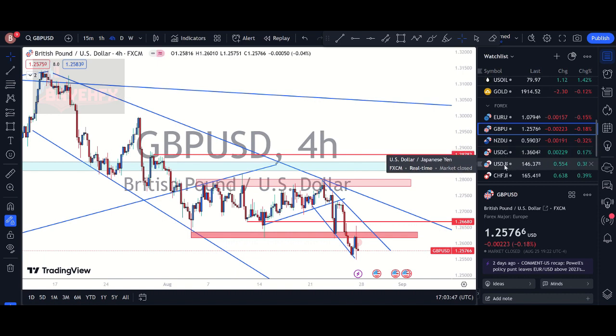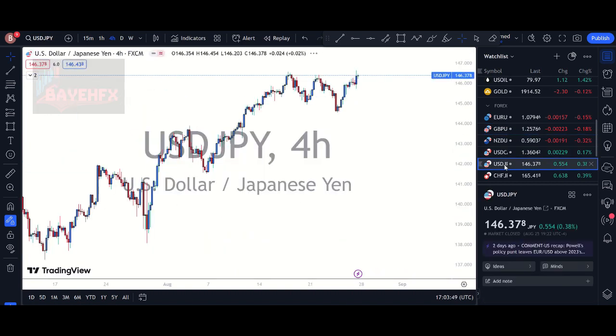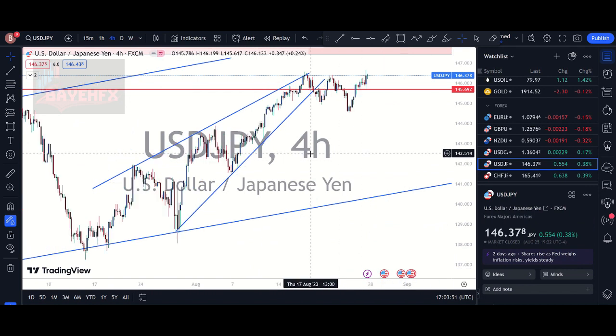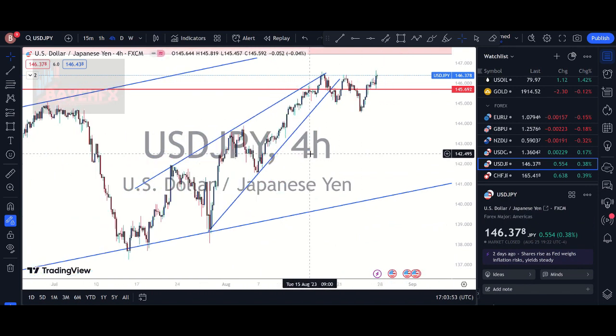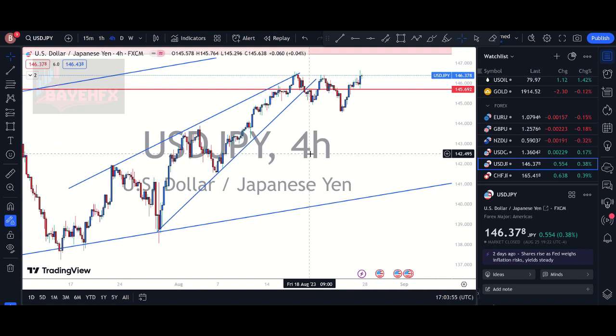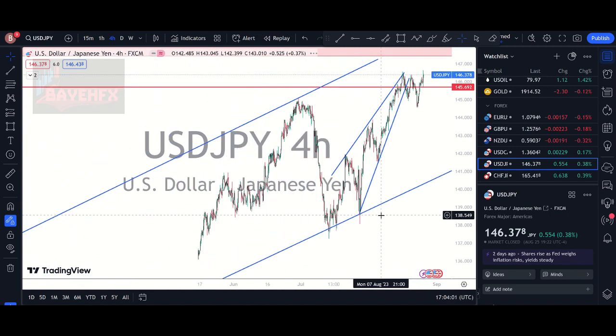So yes, let's take one of those Japanese yen pairs, where USD is trading again. As you can see on USD JPY, you remember what we said, right?